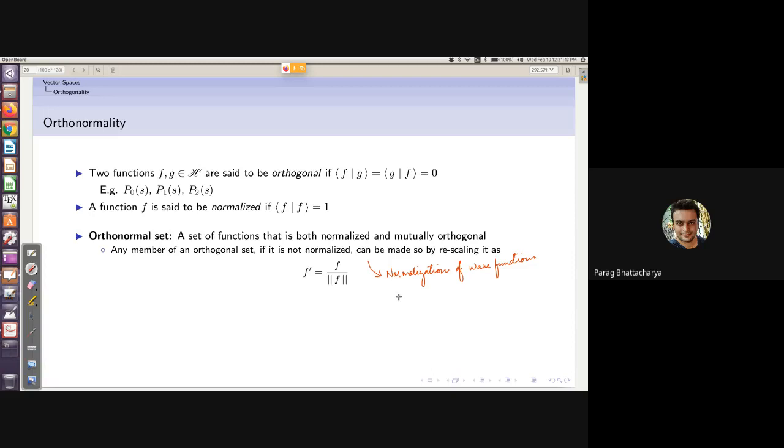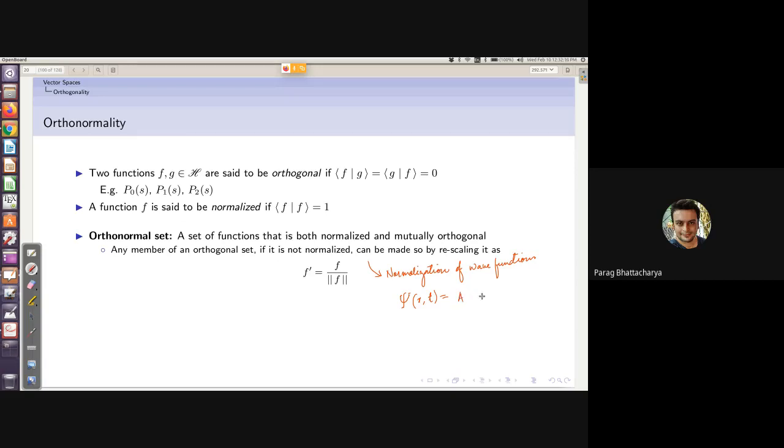So let's say I have a wave function, capital psi. It's a function of x as well as t.